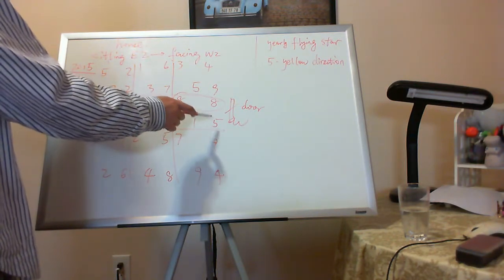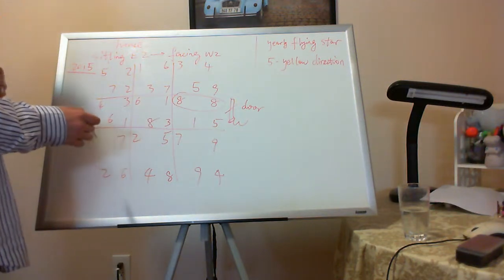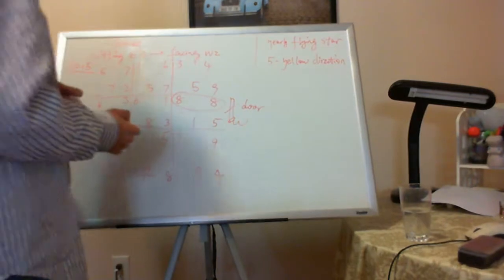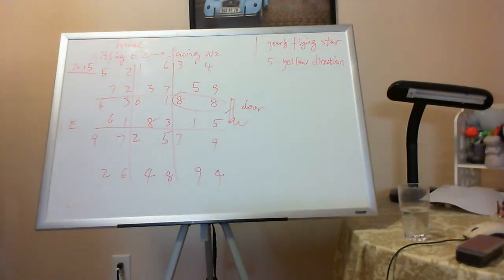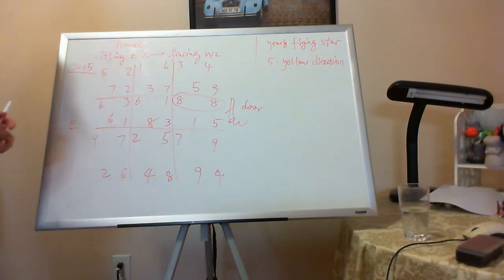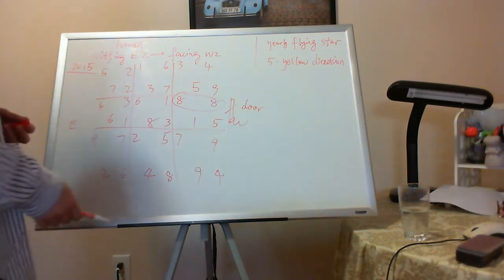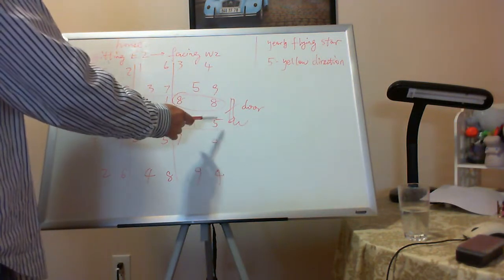So wealth favored structure. However, for this specific year, 5, the most inauspicious star, we usually call that 5 yellow, because the 5 star is associated with the color yellow. So the 5 yellow is also in the facing direction.